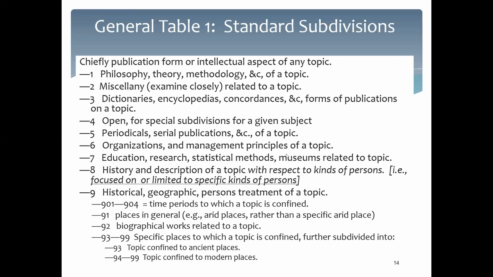A lot of these will be covered in the standard subdivisions, but they are not exactly a one-to-one relationship. We have some form things here, we have some subject things, so the topics are not going to be a one-to-one match to the subject headings in the existing record.